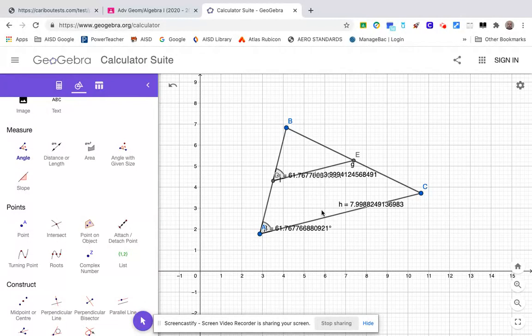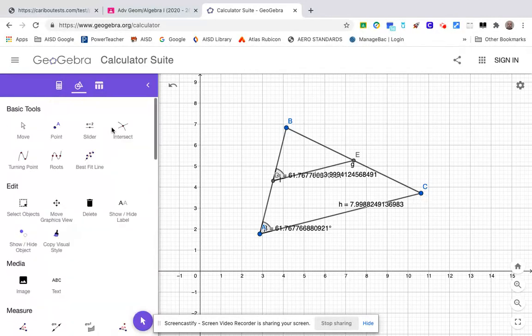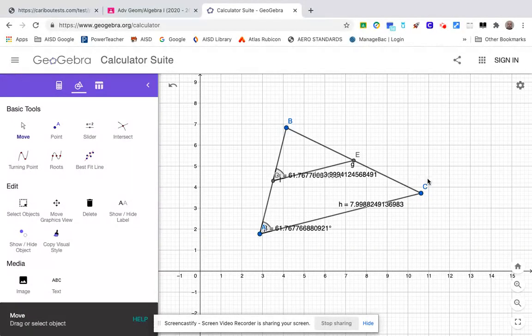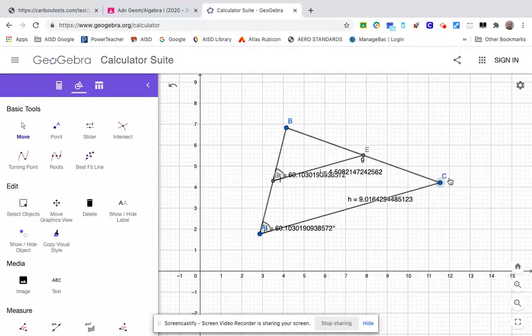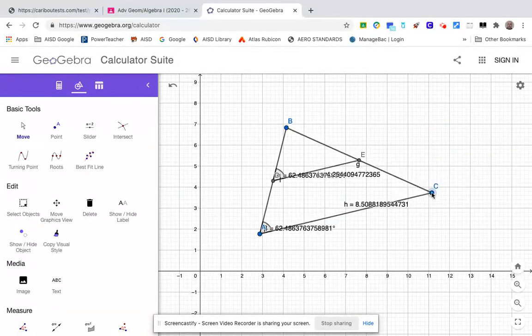The question is, how can we prove this? I'm going to move C around, and you see DE is always parallel to AC, and it's half the length.